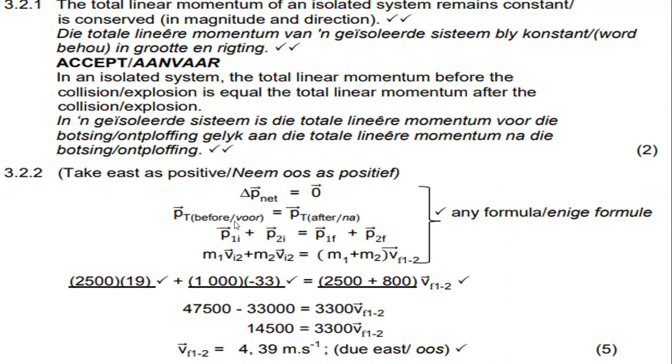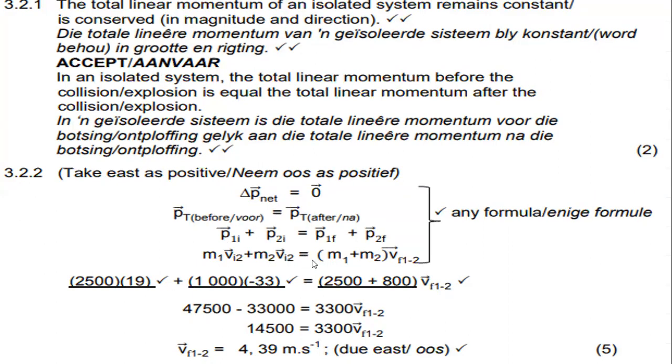And then we take these two formulae, we break them down. When we say the total linear momentum before the collision, then we are talking about the mass of object 1 multiplied by the initial velocity of object 1, plus the mass of object 2 multiplied by the initial velocity of object 2. So basically we are adding the momentum of object 1 and the momentum of object 2 before the collision.